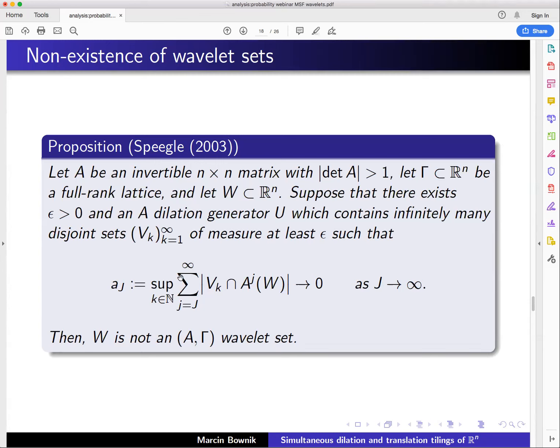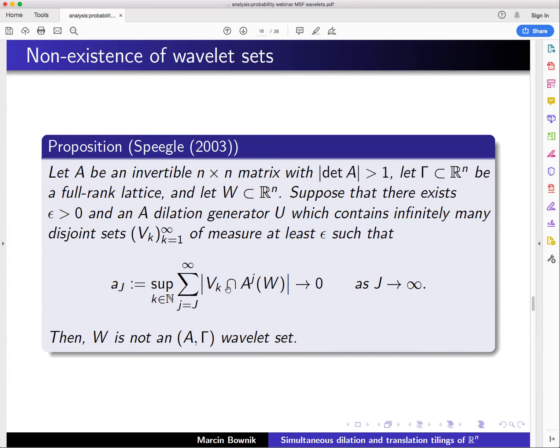So the sum of j goes from capital J to infinity, and you take the limit as J goes to infinity, but before you take the limit, you take the supremum over k. If that supremum over k goes to 0, so this sum uniformly goes to 0, then W cannot be a wavelet set. It's actually not too difficult to prove, because once you have a wavelet set, you prove that this supremum has to be at least epsilon. So it's not too difficult to prove this proposition.